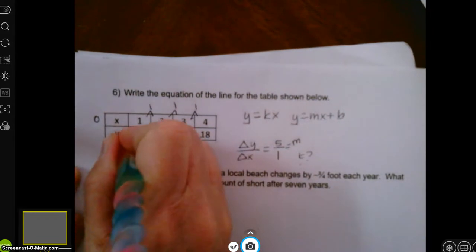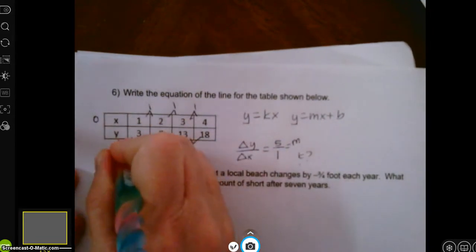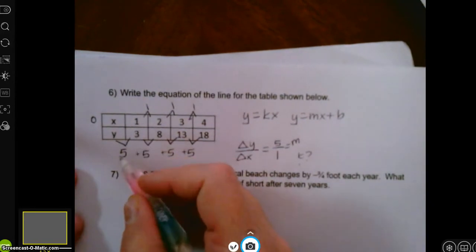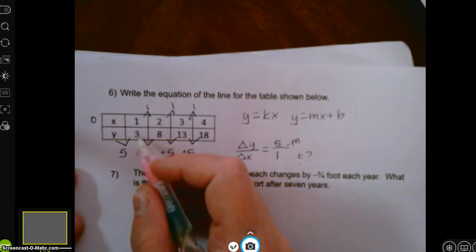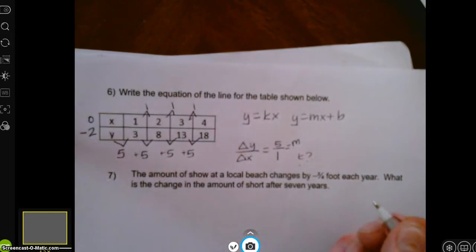So 3, take away 5. One thing I know is when I take away 5, I am not going to get 0. Okay? So 3, take away 5. Hopefully you also know I cannot take away 5 from 3, at least in our positive, so it's going to end up being a negative 2. Okay? 3, go backwards 5, we get to negative 2.